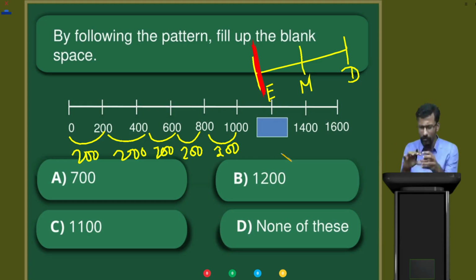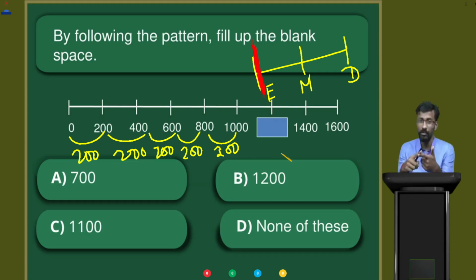Whenever we subtract a number from another number, that is called subtraction. But difference can be both. The minuend and the subtrahend, so that's the difference.